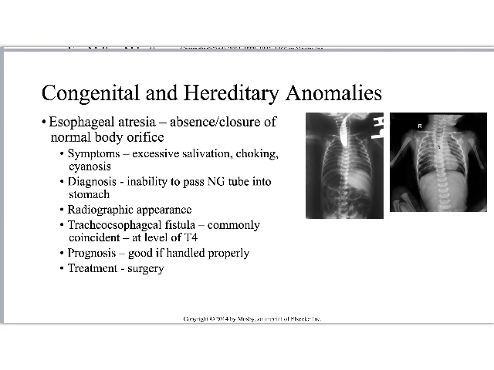What this is saying is it's a fistula that connects the esophagus to the trachea. That's a problem for a number of reasons. Now we have someone aspirating stuff into their lungs directly from the esophagus, right? That's commonly coincident at roughly the level of T4, okay? Prognosis is good if it's handled properly. Generally, the treatment is surgery.